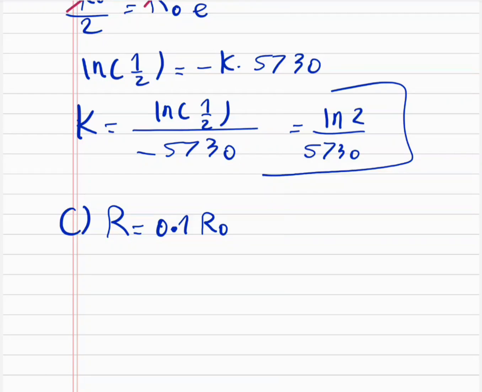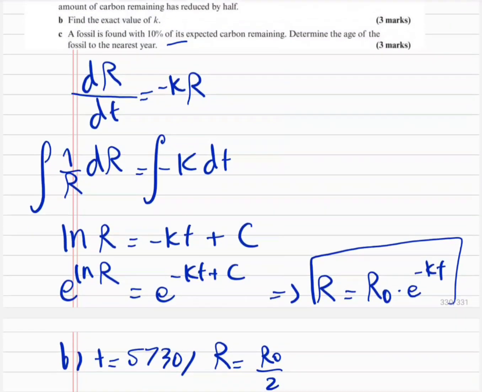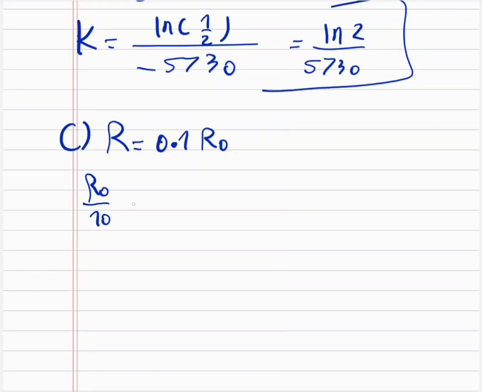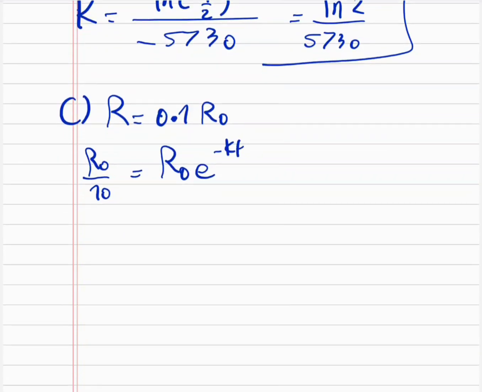Now again, we can substitute this into the main equation. So we'll have R0 over 10 is equal to R0 e to the minus kt. And again, we can divide by R0. So we'll have 1 over 10 is equal to e to the minus kt.